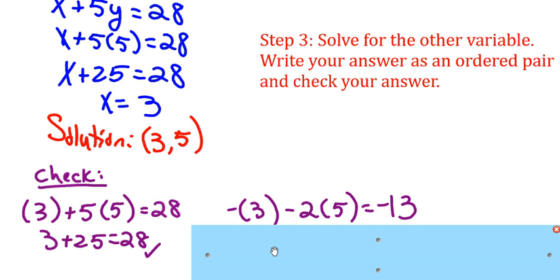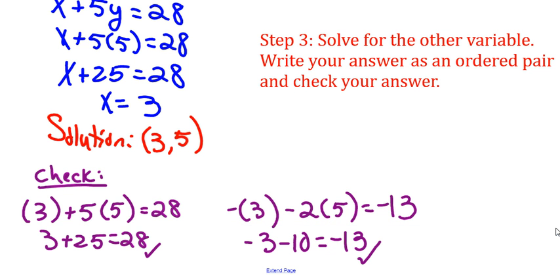And our second equation, we'll have negative 3 minus 10. That will give me a negative 13, so my solution does check out. So solving by elimination, eliminating one of the variables, is another efficient way of solving a system algebraically, as opposed to always having to make an x equals or a y equals.